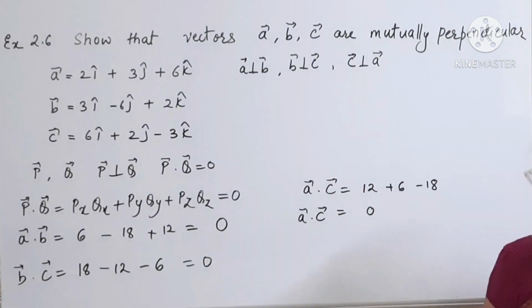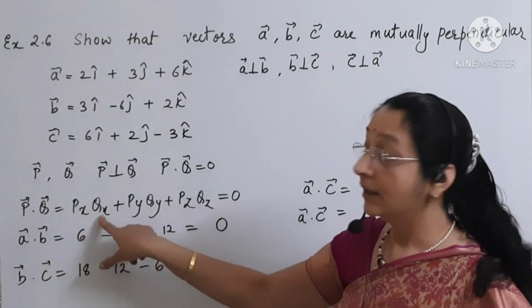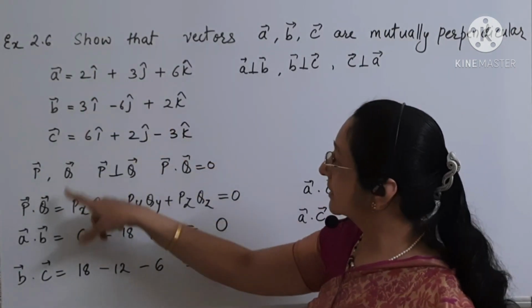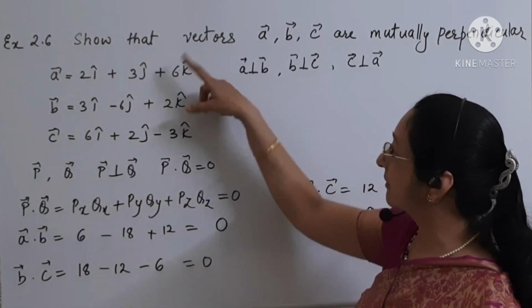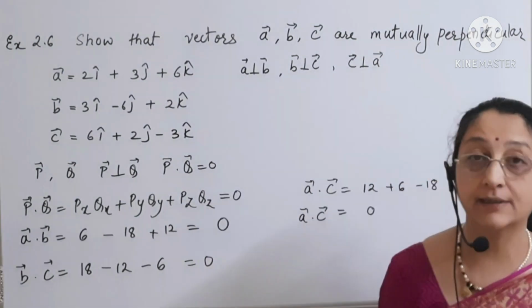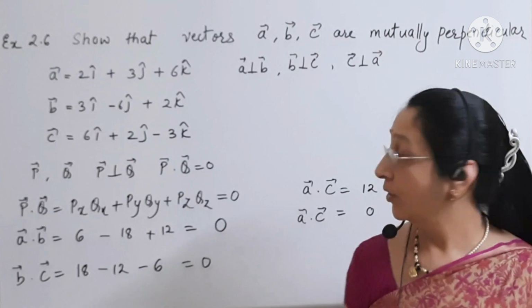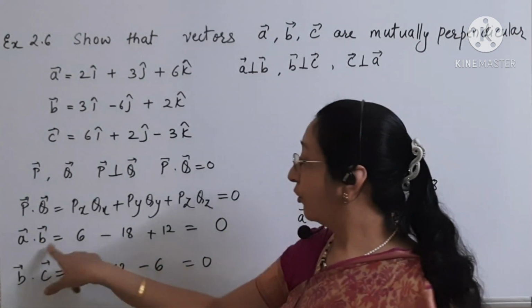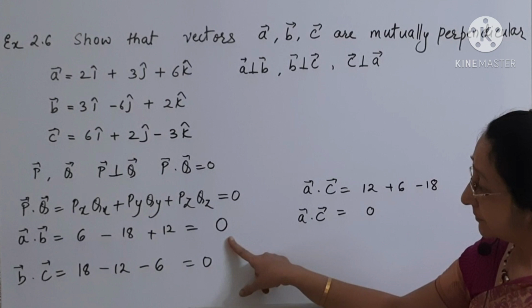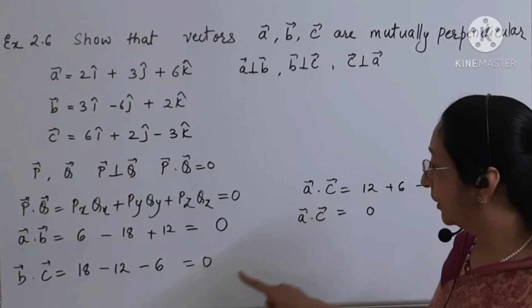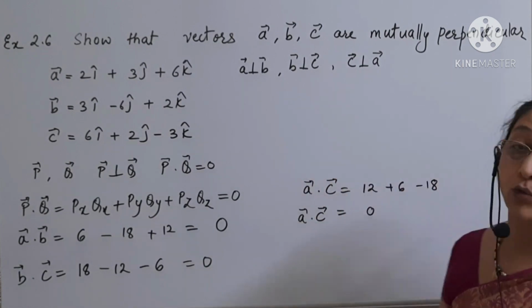So in this way, when we have multiplied the x component of both the vectors, y component of both the vectors and z component of both the vectors, we have got it as 0. So A dot B equal to B dot C equal to A dot C, all equal to 0. म्हणजे सगळेच 0 आहेत.